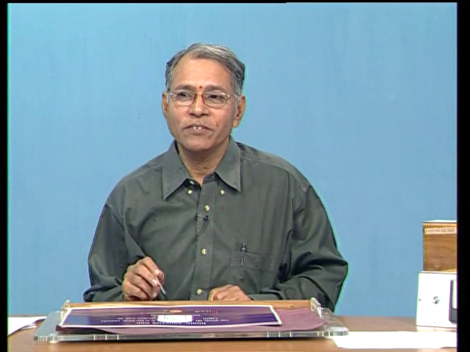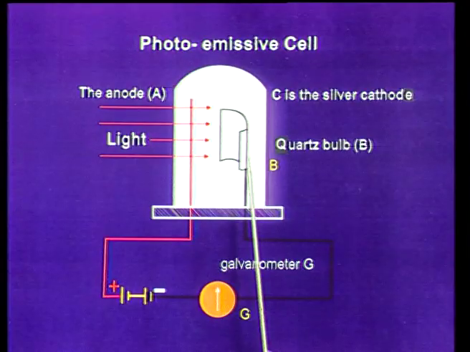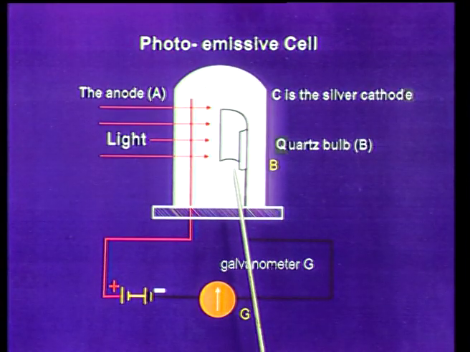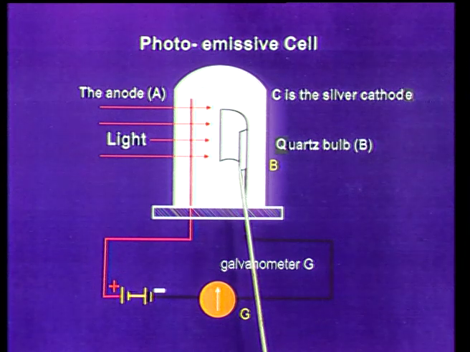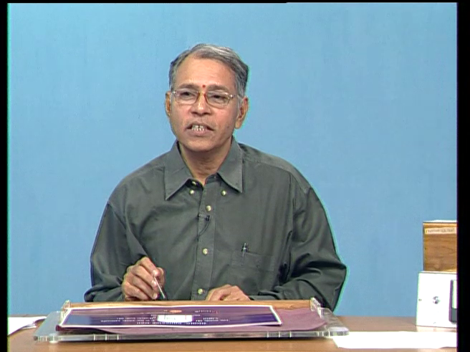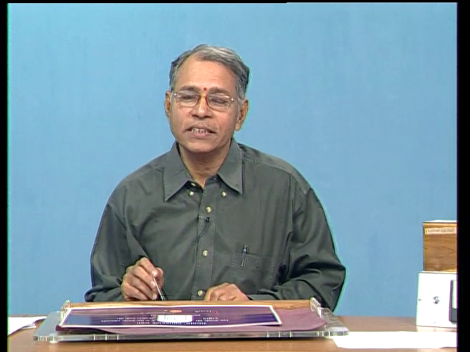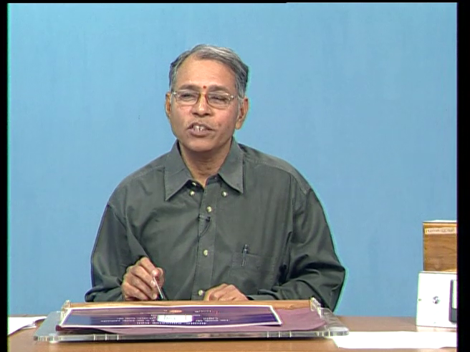The photoemissive cells are some of the very early ones. They are being used in cinematography films, where the film has the necessary pictures, as well as on the sides of the picture the sound is being dubbed.